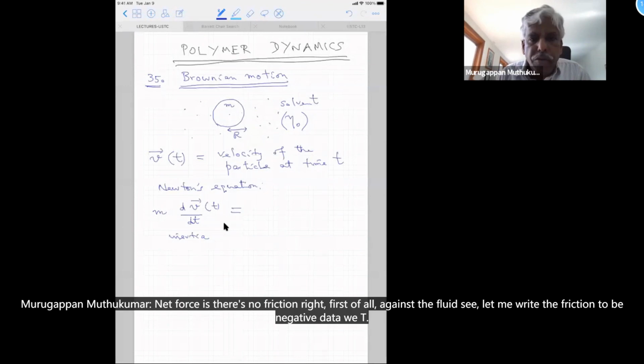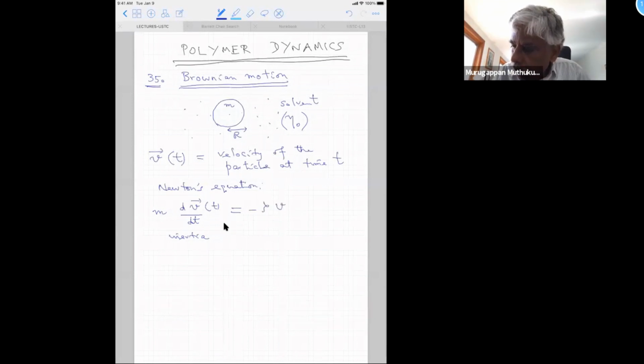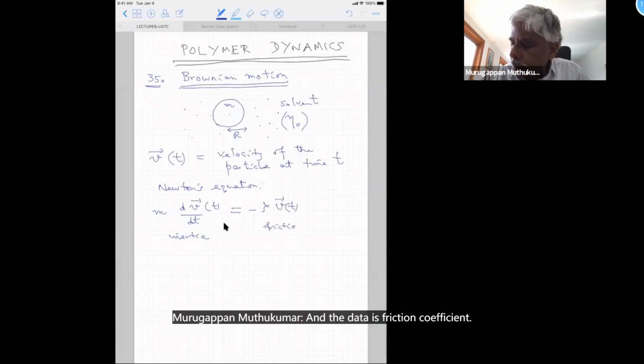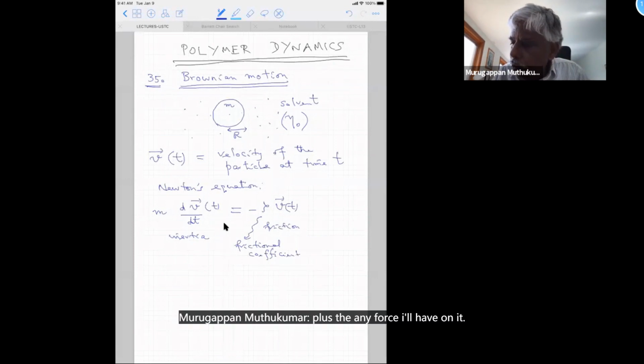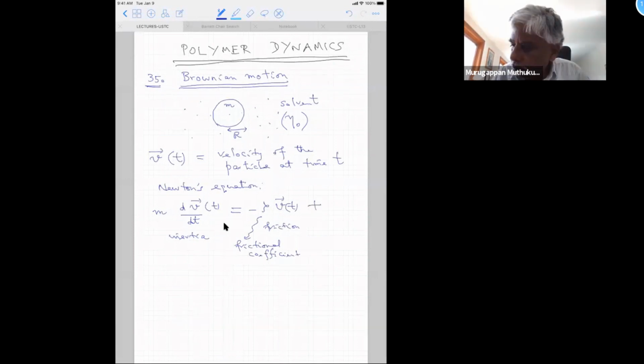Net force: there's going to be friction, first of all, against the fluid. So let me write the friction to be negative zeta v(t). This is friction, and zeta is the friction coefficient for that particle. Plus any force I'll have on it.